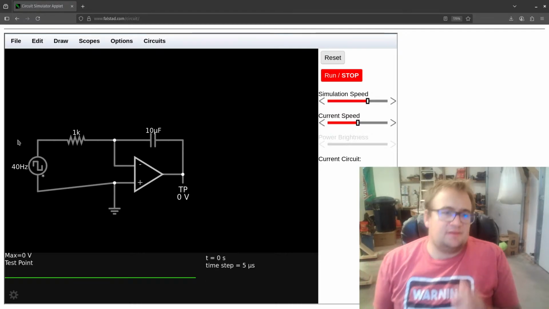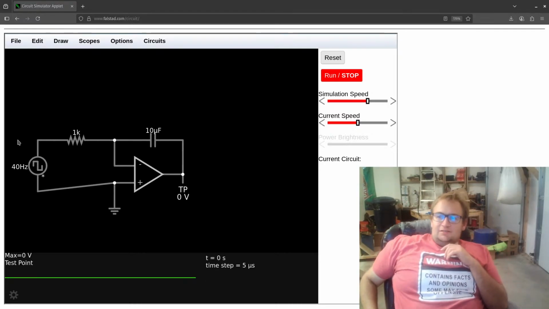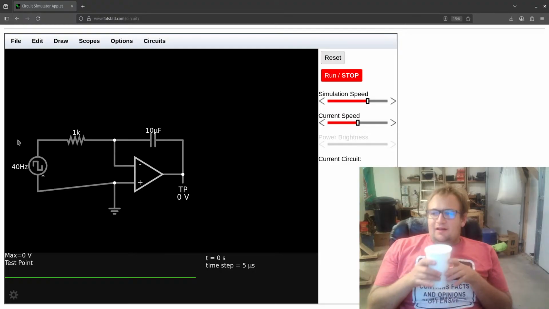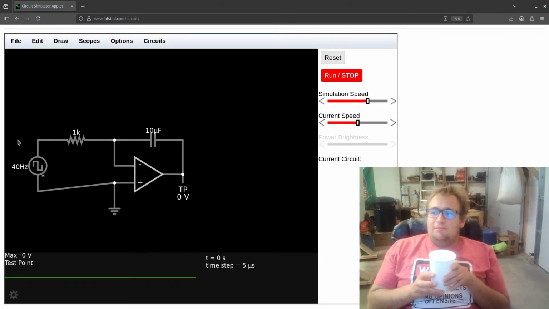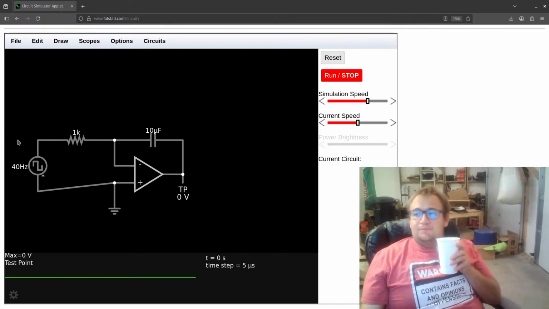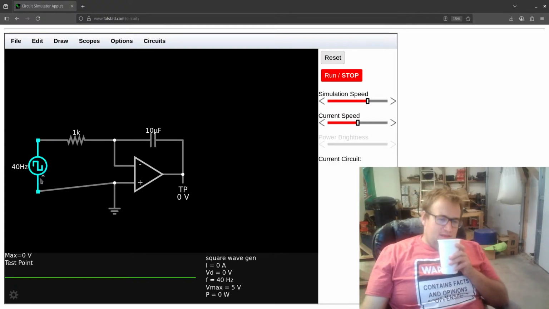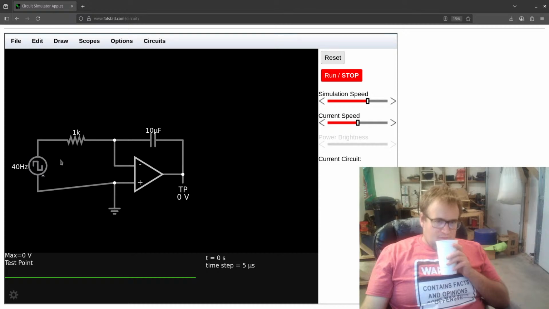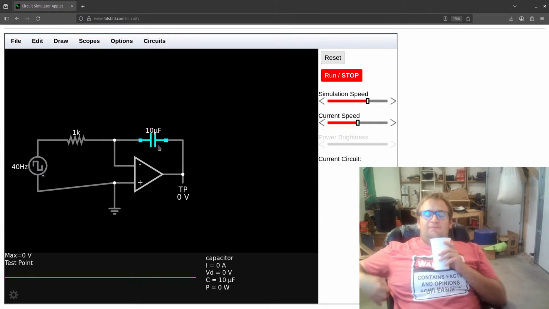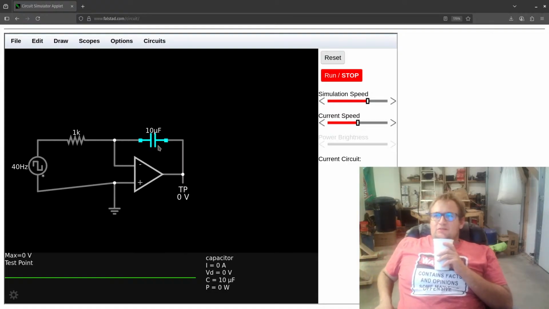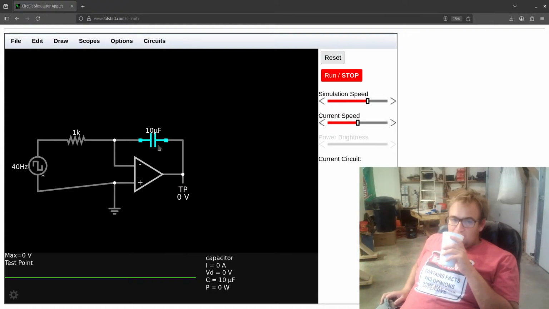So I'll see if I can actually explain this well. I'm getting better every time I do it. I can come up with a better explanation. Basically, what does a capacitor do? It resists changes in voltage.